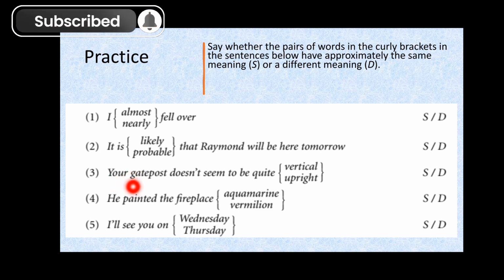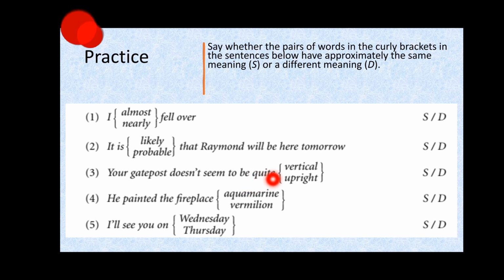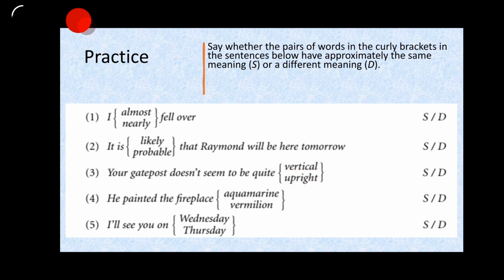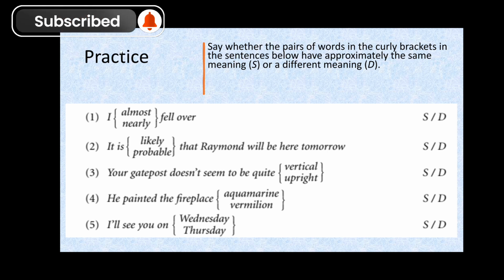Third example. Your gate post doesn't seem to be quite vertical or upright. Now do you think that the meaning of vertical and the meaning of upright are the same or different? Just think for a while. If you say that they have different meaning, your answer will be incorrect.